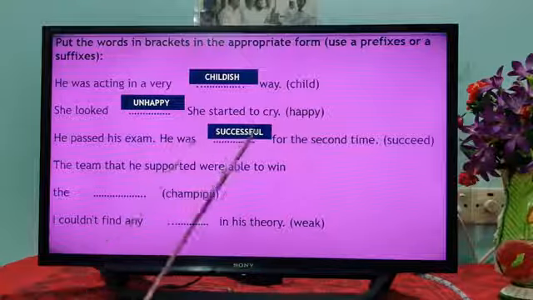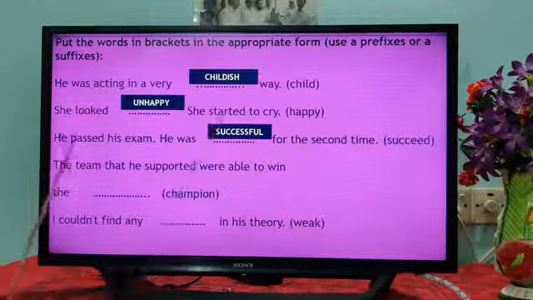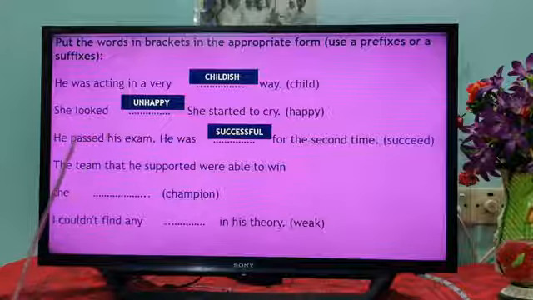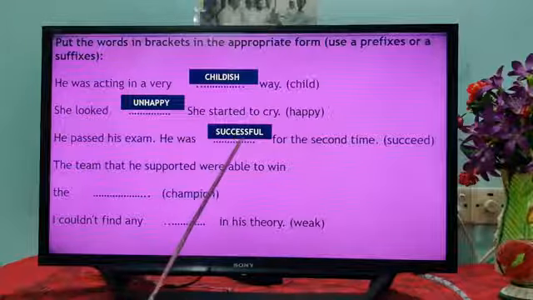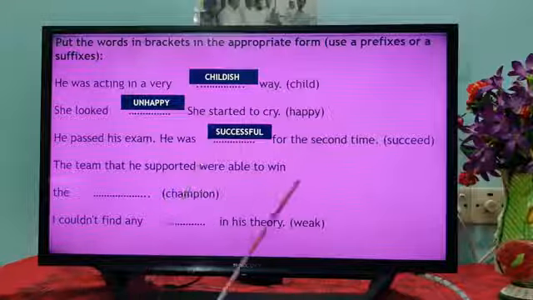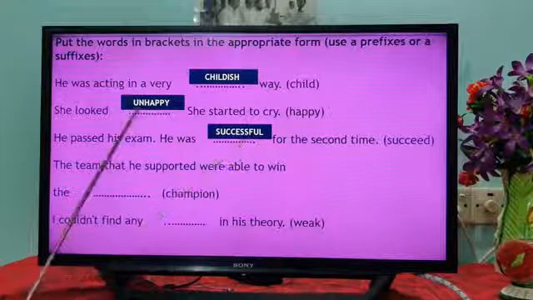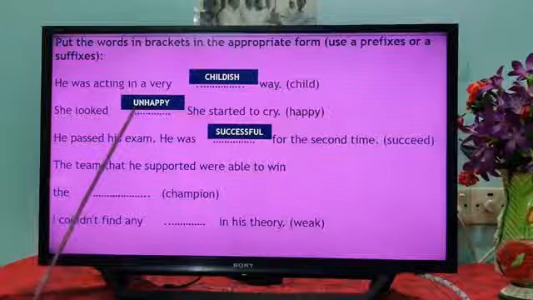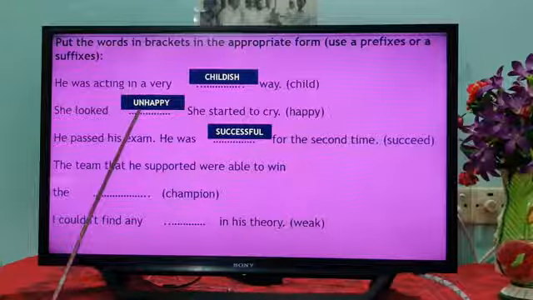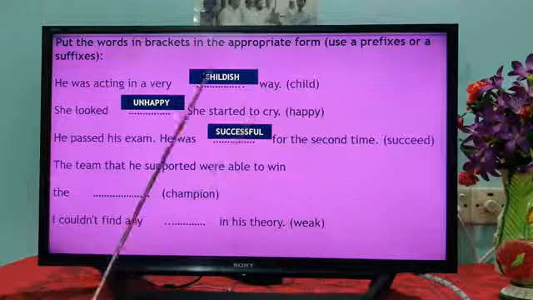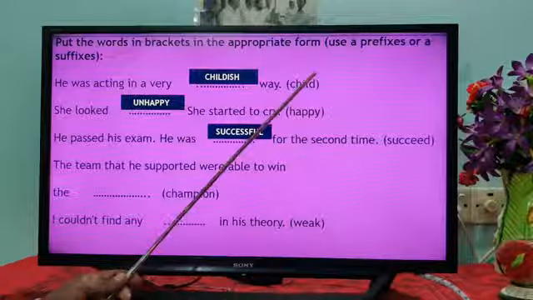Successful for the second time. Sorry, successful, because he passed. So successful, an adjective. He was successful for the second time. Successful is an adjective; ful makes an adjective. Happy, adjective. Unhappy, also an adjective. Un is used as a prefix to make it opposite. Childish, adjective. Child is a noun.